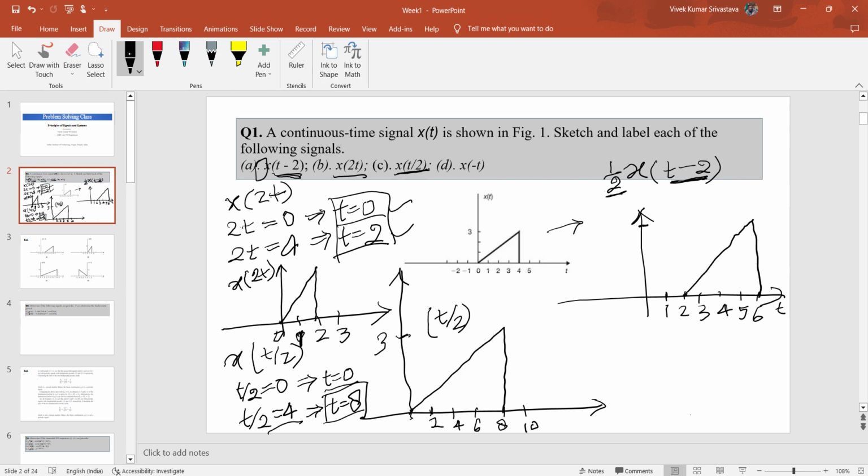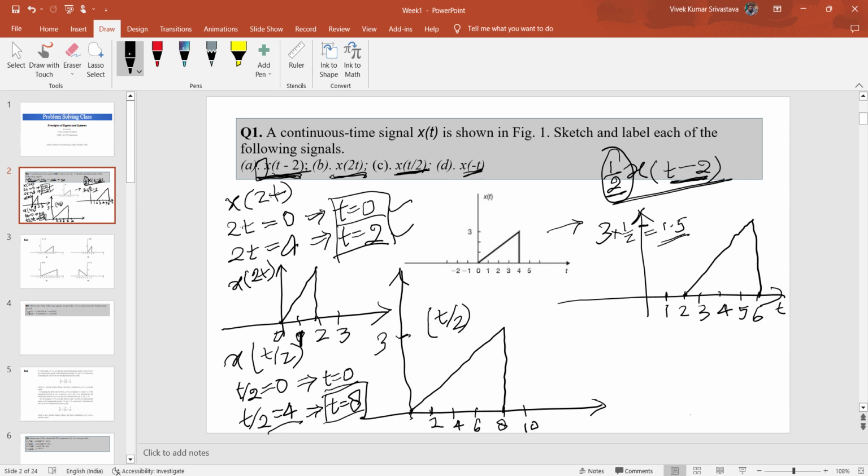The amplitude is 3 into 1 by 2, that is 1.5. So amplitude will also change for this problem because we are doing an elementary operation on amplitude as well. But in the previous problem we were only doing an elementary operation on the time.